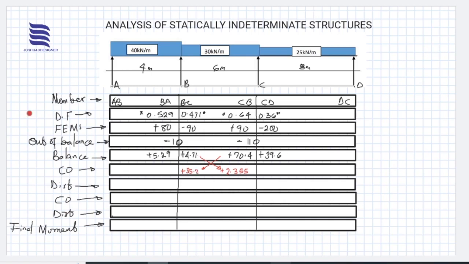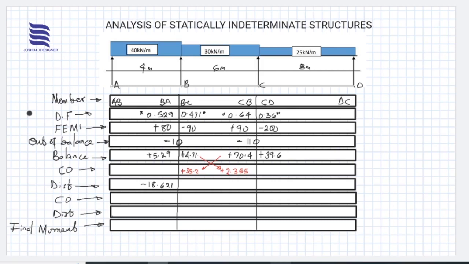So we move ahead to balance or to distribute these respective values. So distributing these values just as the way we've been doing, multiplying 35.2 by 0.529 here would have minus 18.621. And you know why it is negative? Because we multiply by the distribution factor, which in turn would change your sign convention, right?